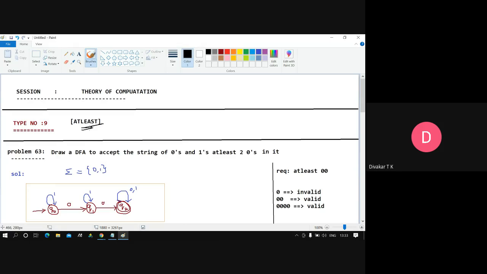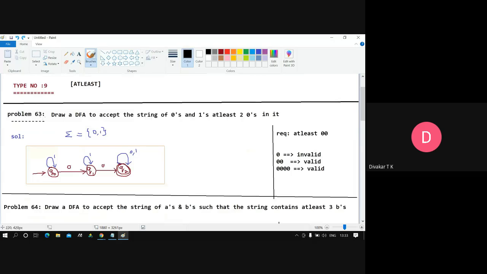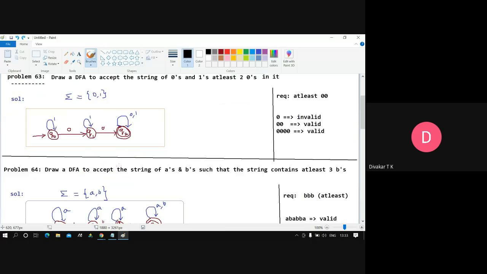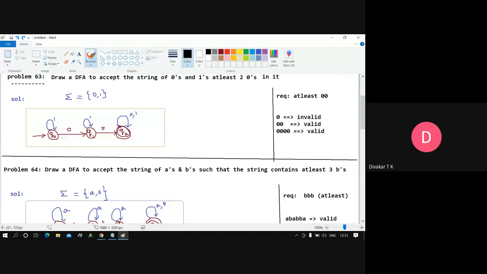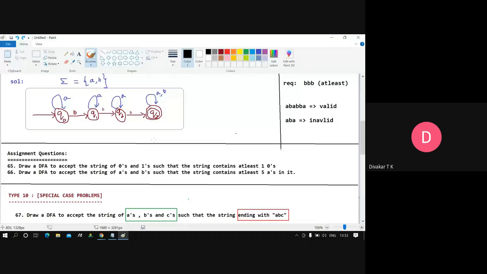In the at least type, problem number 63, the at least requirement should be present, for example two zeros or three zeros, and that requirement should be satisfied. According to that we wrote a diagram. These are very easy, straightforward questions, you can easily do them. Always a self loop will be there for everything, and for the rest, only the requirement is what you write as transitions from one state to another state.